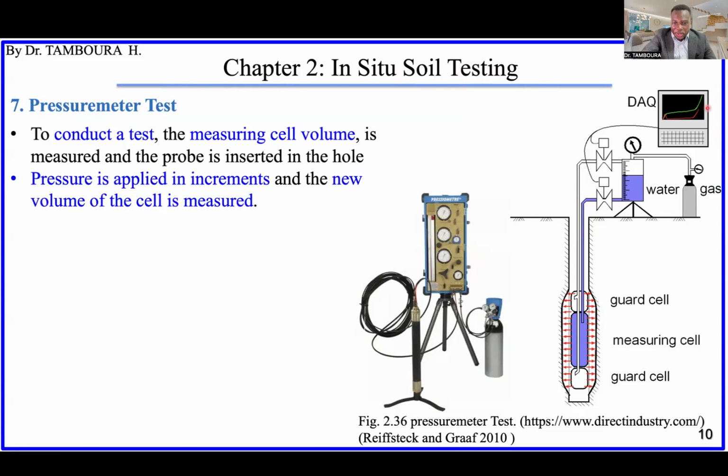The pressure is applied after inserting the probe. The pressure is applied in increments. You increase step by step, little by little. For each increment of pressure, you measure the new volume. Don't forget that you have the initial volume here, which is the volume of the probe.